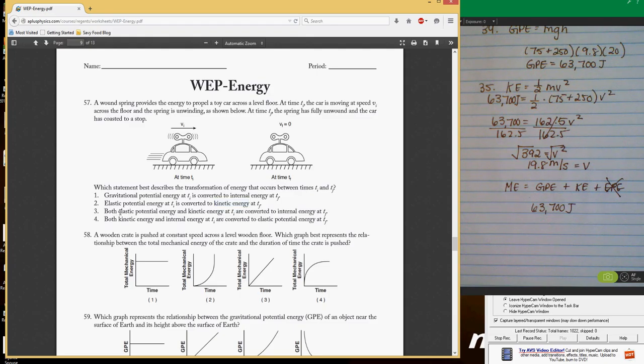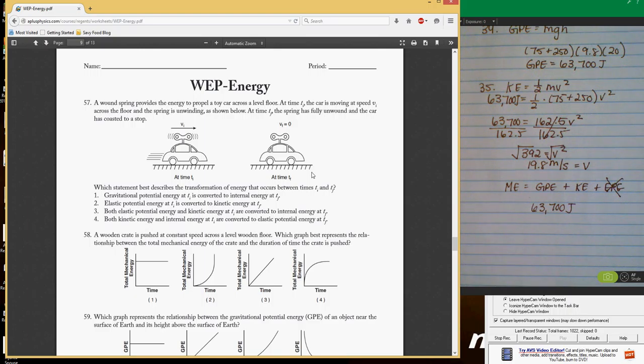Number three, both elastic potential energy and kinetic energy at T initial are converted into internal energy at T final. So that means my kinetic energy and my elastic energy are converted into internal energy. But remember, internal energy can still exist if it's not in motion.